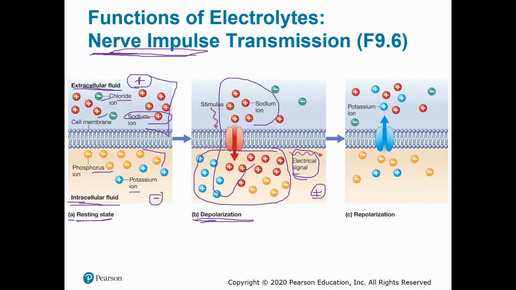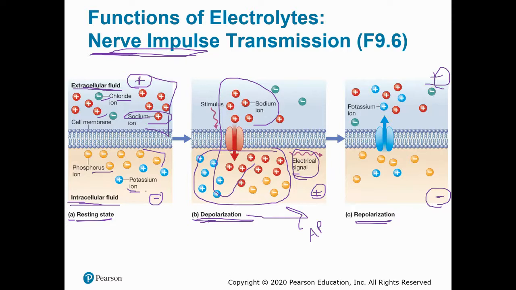And so that's how we would see this cascade of depolarization going down the whole cell, ultimately reaching what we call an action potential. Then there's neurotransmitter release. And then ultimately after that, we repolarize the cell, where we reestablish this polarization, where it's more negative inside and more positive outside.